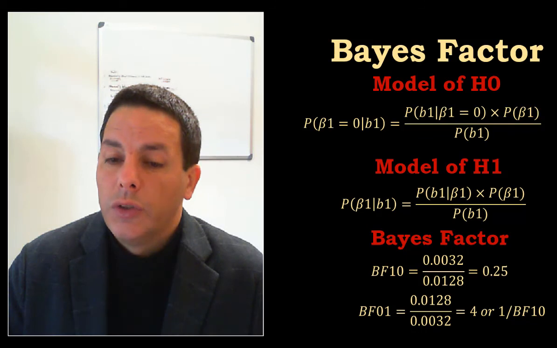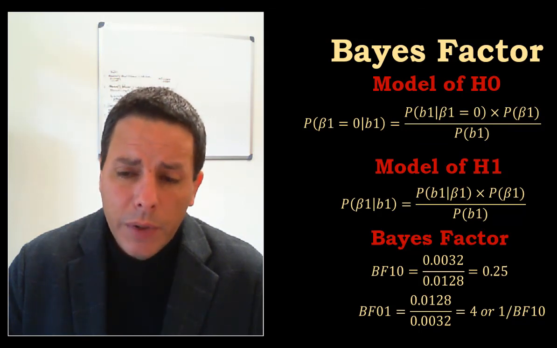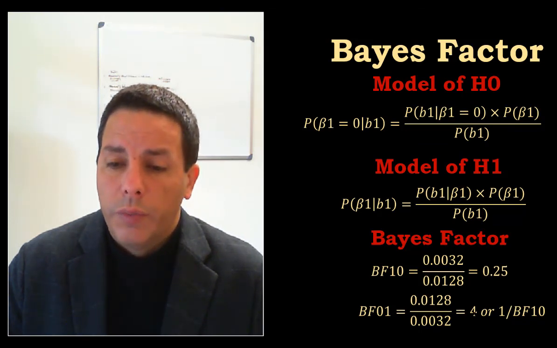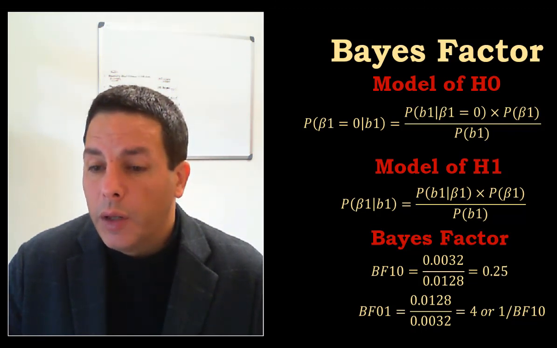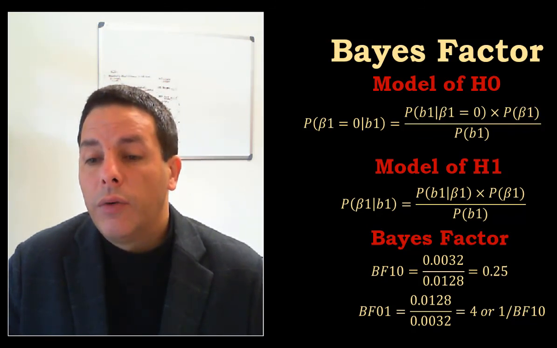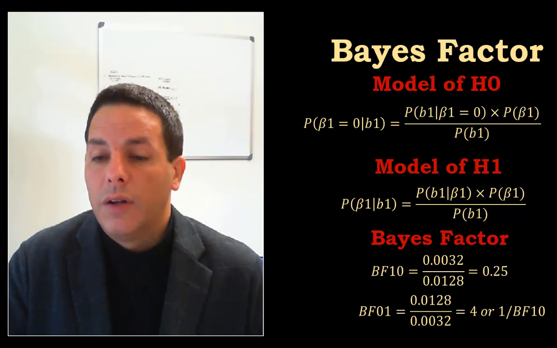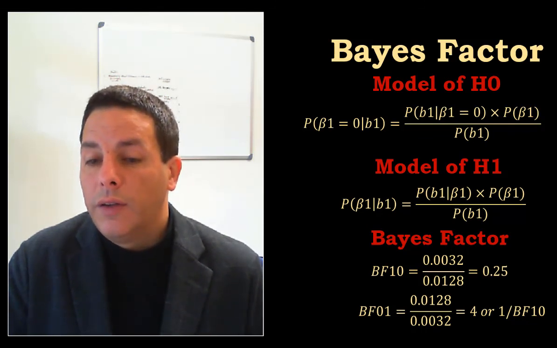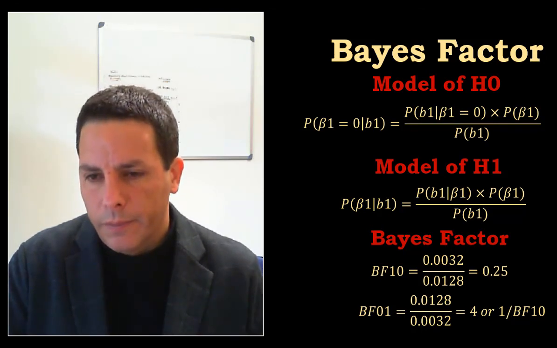So in that case, what we do is to calculate the BF01, which is just inverting the numbers there, and basically this would be 4. Or we don't need to do that, we just do 1 divided by 0.25, and that's 4 as well. And so we can say now, instead of saying that the alternative hypothesis is 0.25 times as likely as the null hypothesis, we say that the null hypothesis is 4 times more likely than the alternative hypothesis.